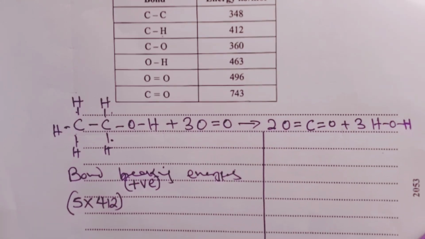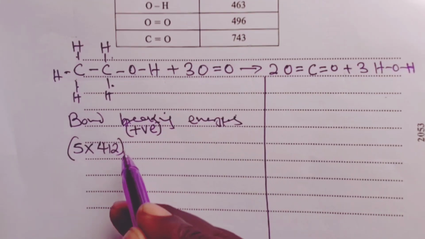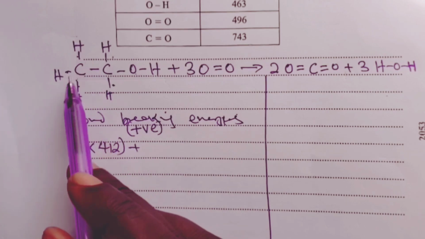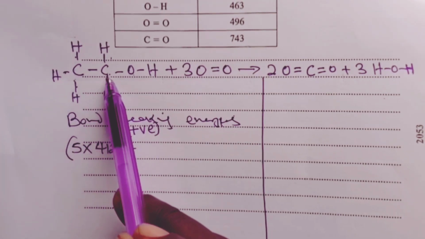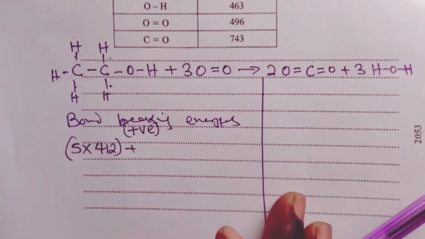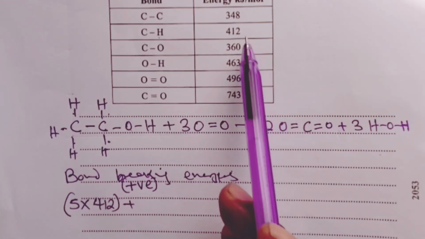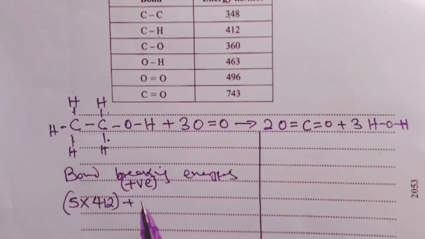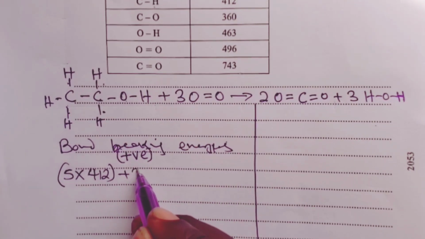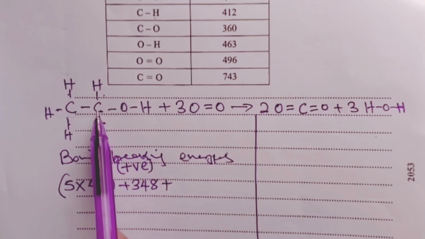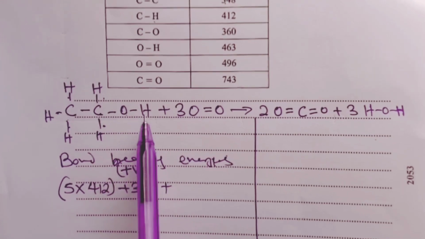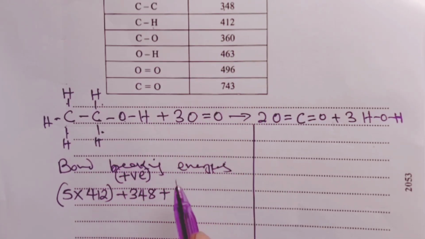Then, apart from the 5 CH bonds, we have one CC bond. So we shall add 348 kilojoules to our value because we are also breaking one CC bond. Then we have CO bond. According to our table, CO is accompanied by 360 kilojoules.